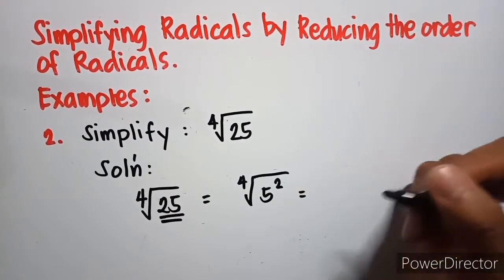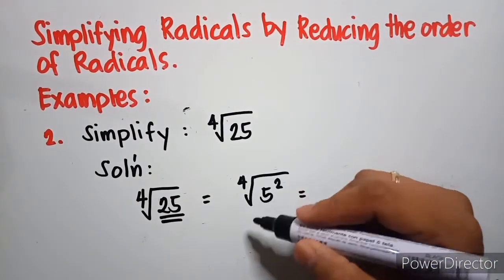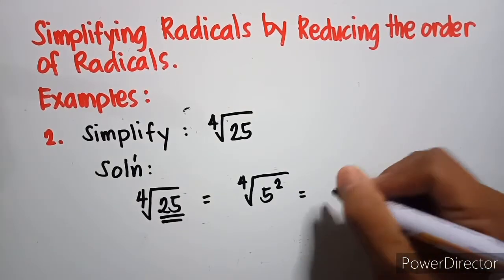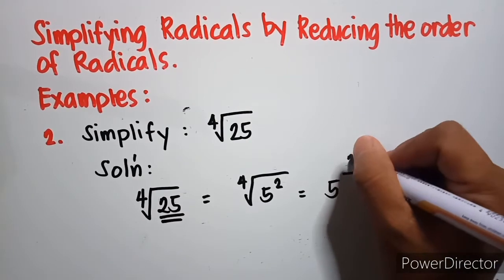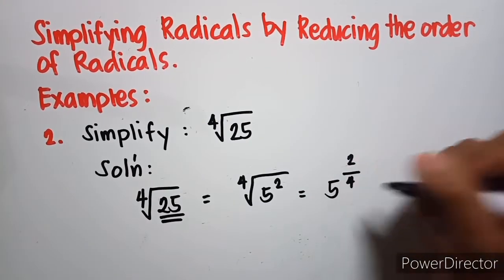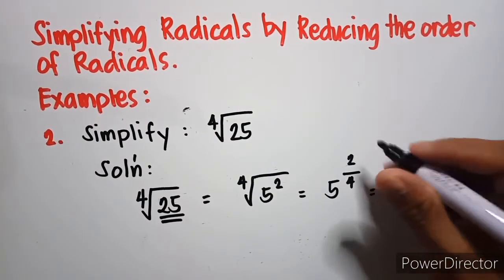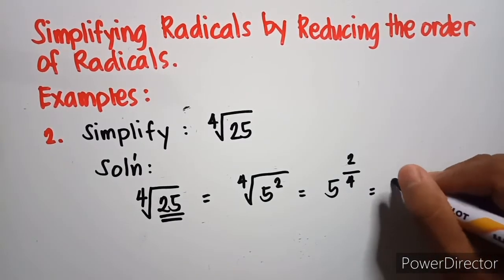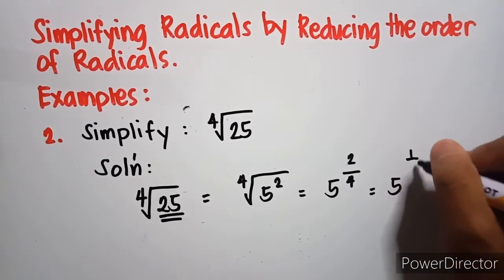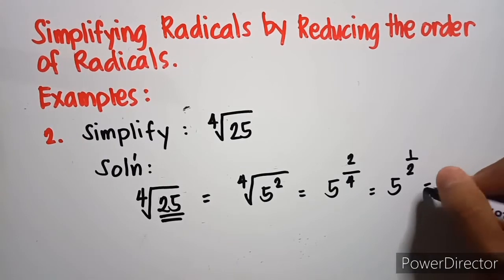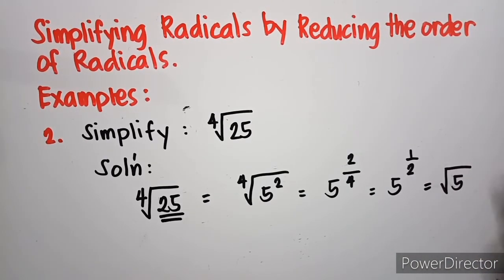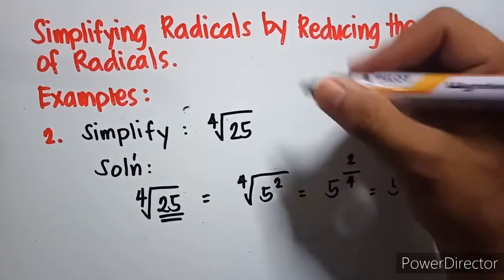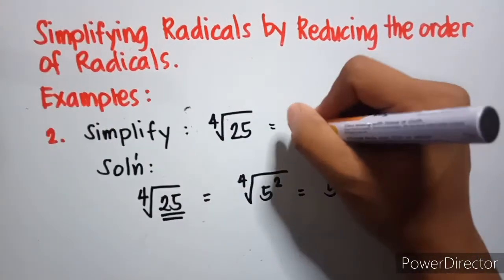So that is equal to, rewriting this in exponential form, 5, then exponent sa loob, denominator will be the index. Then simplifying 2/4, that is 5 raised to 1/2. And 5 raised to 1/2 is equal to square root of 5. So therefore, 4th root of 25 is equal to square root of 5.